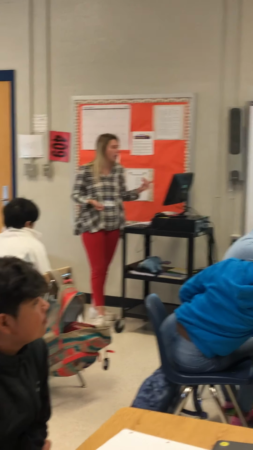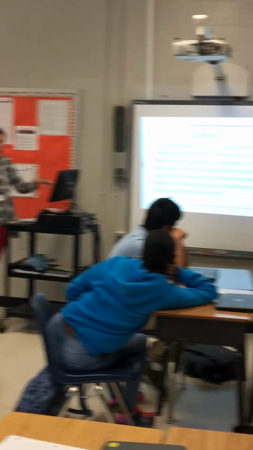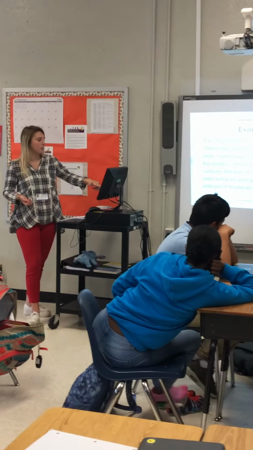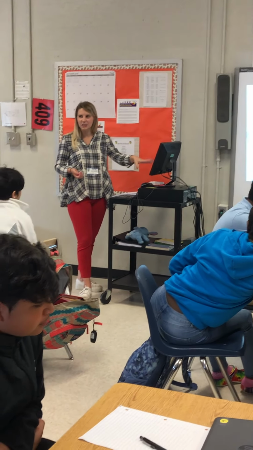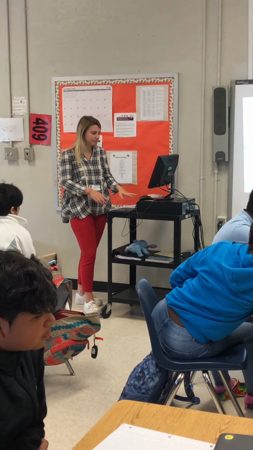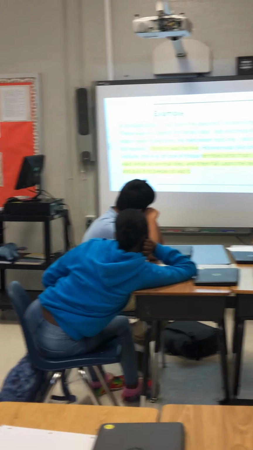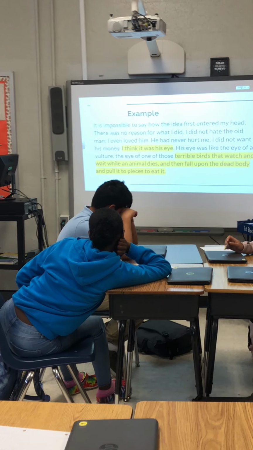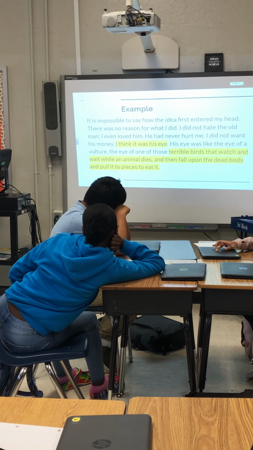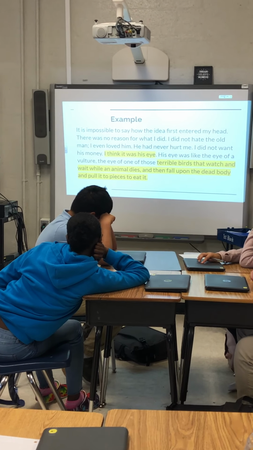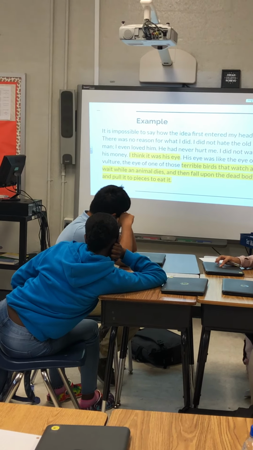Weird. Obviously he's talking about the master's eye, but then he says that the birds are going to eat the body and pull it to pieces. It's kind of gross, right? So the highlighted parts are the parts that, like you said, are full of suspense, kind of building suspense. So the narrator is the servant, obviously, right? We all remember that.